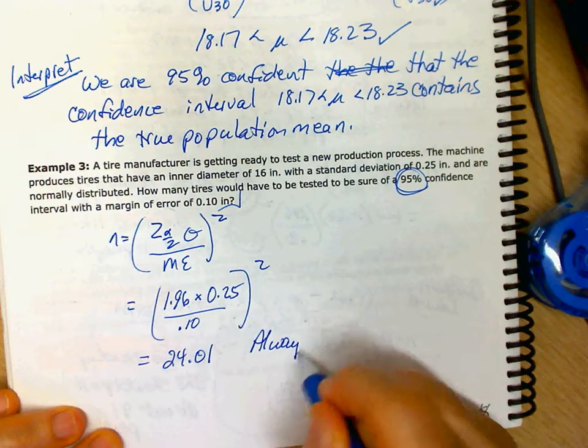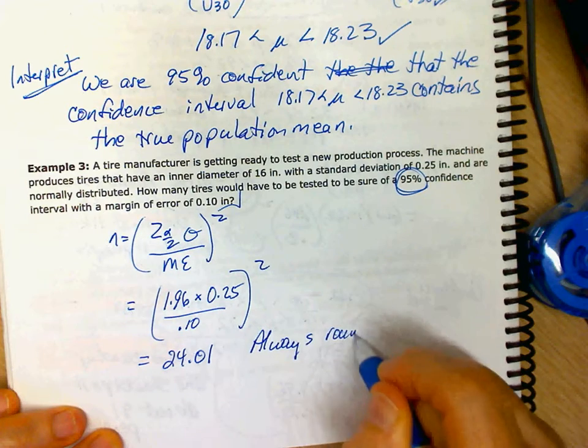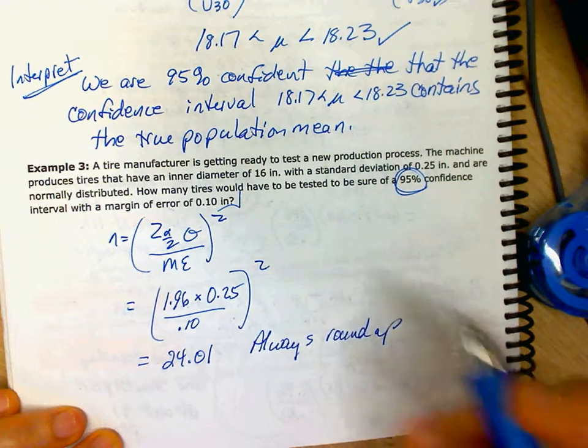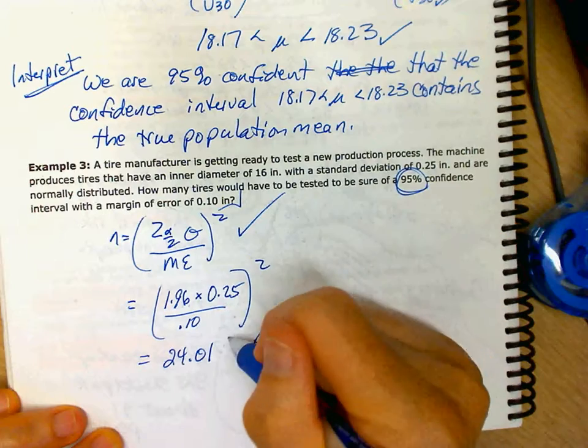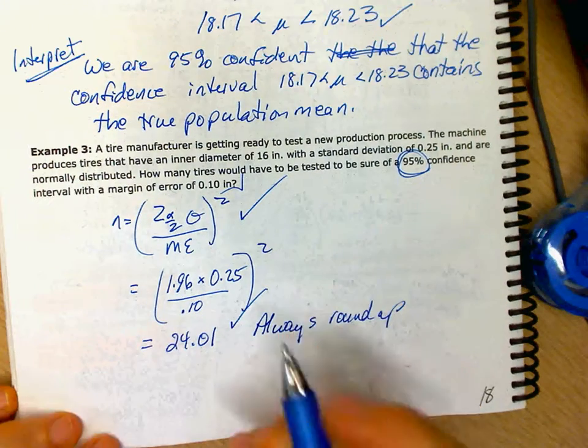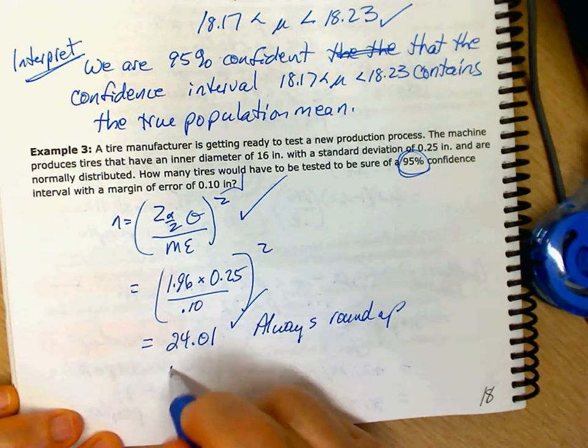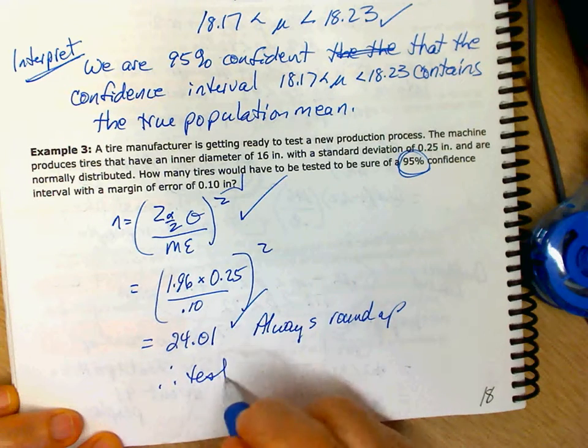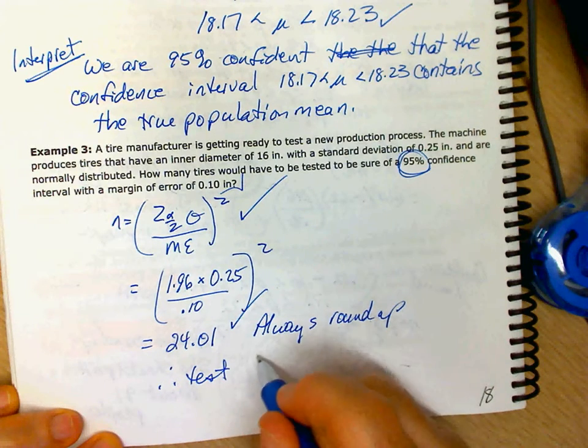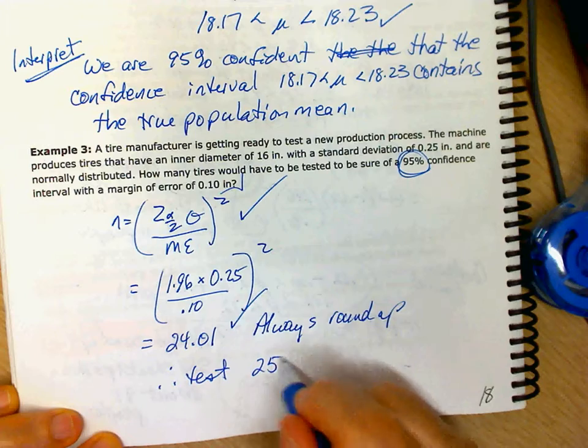So it'll be 1 mark for this, 1 mark for this, but to make sure that you remember to round up, test 25 tires, and 1 mark for proper rounding in this situation.